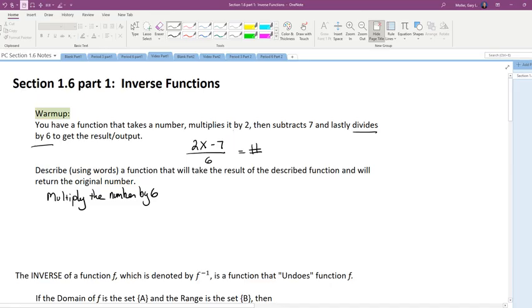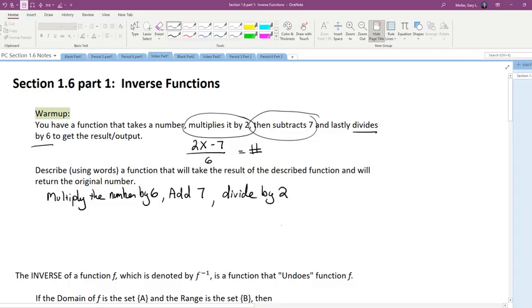I multiplied it by 2, then subtract 7, lastly. Okay, so the step before dividing by 6, I subtracted a 7. So I'm going to add the 7 back in. Then the first thing I did was multiply by 2. So if I want to undo that, I'm going to divide by 2.